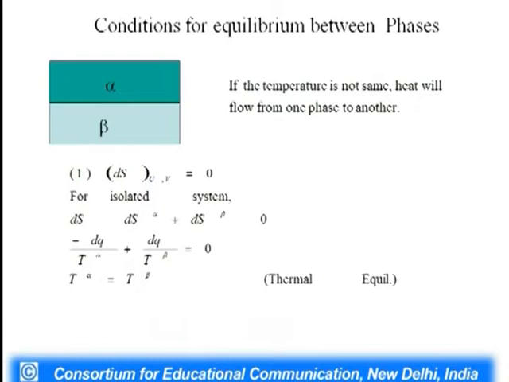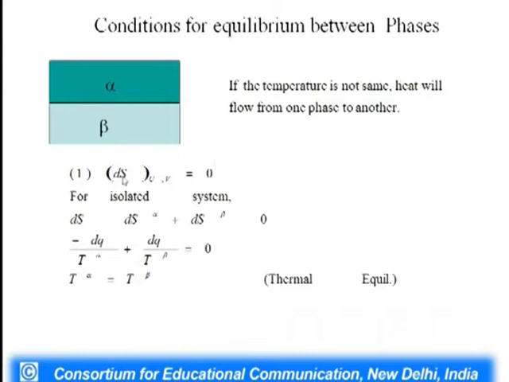Now, if we take two phases, what are the different kinds of equilibria which can exist? Think of two phases, alpha and beta, in an isolated system, so constant U and V. Suppose the temperature is not the same for the alpha and beta phases.